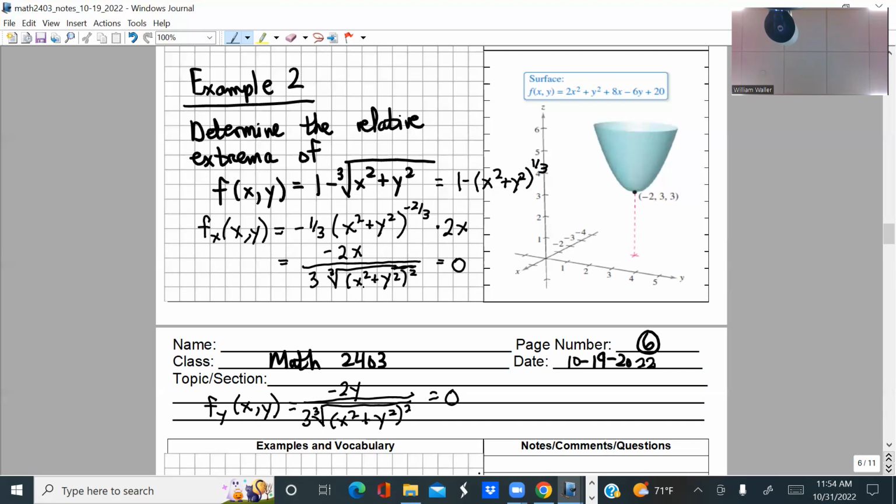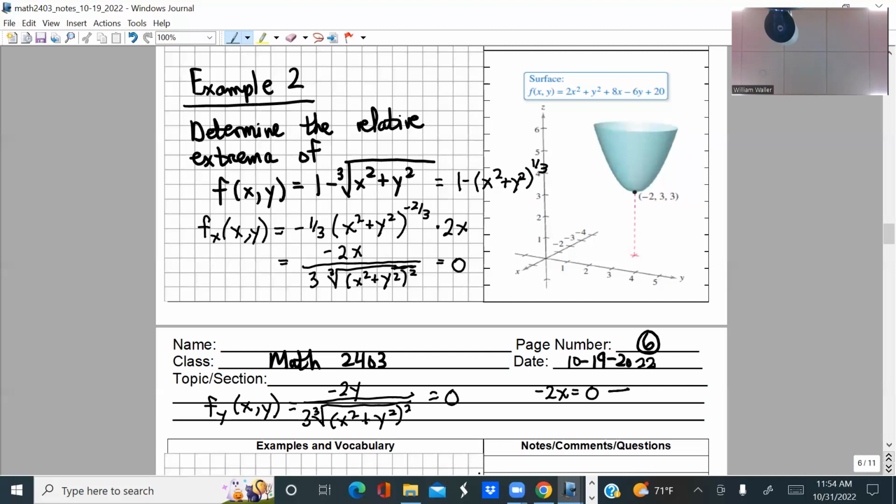What values can you choose for x and y that will make both of these equations 0 simultaneously? Can you just see that by inspection? Here you have a fraction equals 0. The only way a fraction equals 0 is if the numerator is equal to 0. So minus 2x would have to be equal to 0.